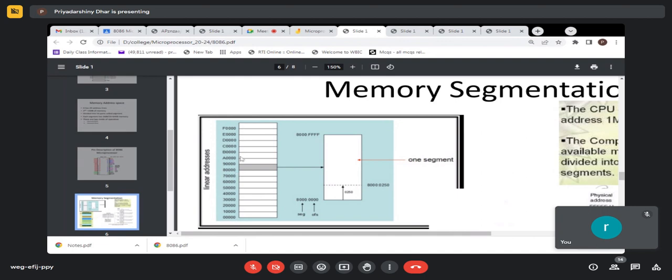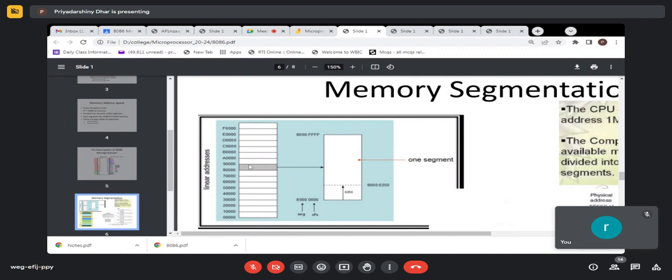Now this 1 megabyte of memory is divided into 16 parts. If 16 segments are present, each segment corresponds to how much? 1 megabyte divided by 16 equals 64 kilobytes.